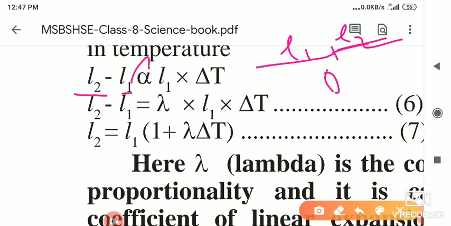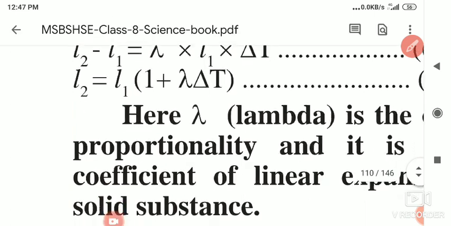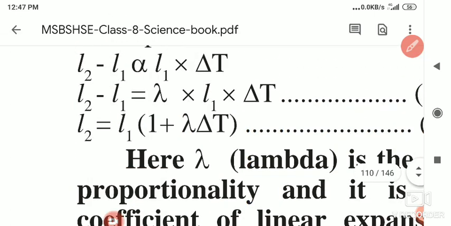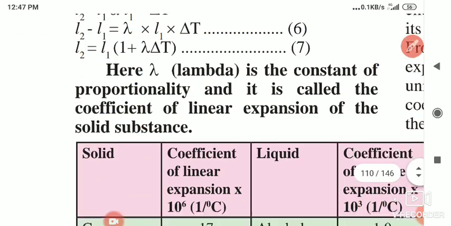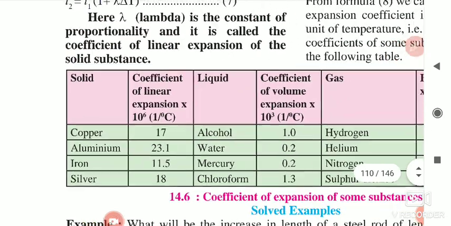To remove the directly proportional sign, we take a constant, lambda, and the next step is L2 equals L1 into bracket 1 plus lambda delta T. In this way we derive the formula.